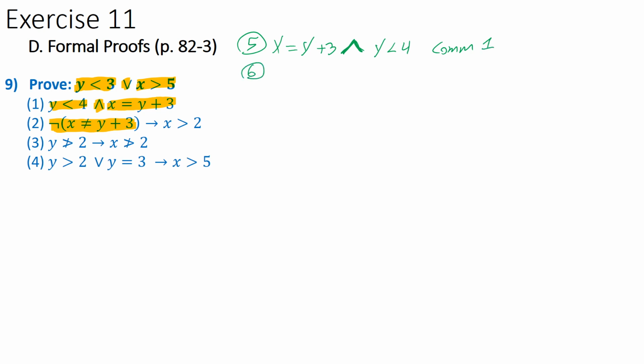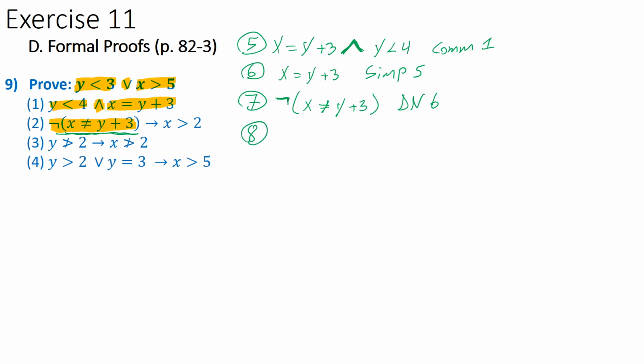And then for line 6, we can get x is equal to y plus 3 by the simplification of line 5. If we double negate that, we could affirm this antecedent. Hence for line 7, we'll say it is not the case that x does not equal y plus 3 by the double negation of line 6.